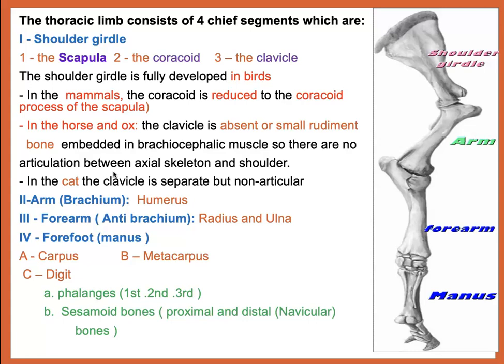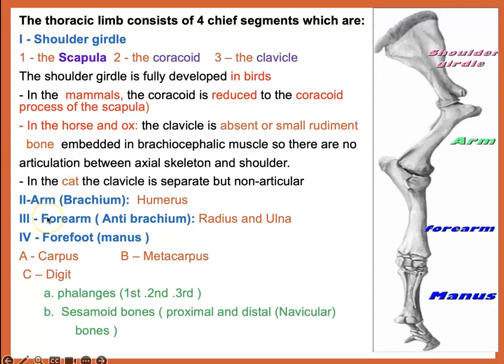Also, it is interesting to see that in the cat the clavicle is present but non-articular. This is why, if you take an X-ray in the cat, don't confuse a fracture or part of a bone with the clavicle, because you will find a piece of bone which is non-articulated. So you have to know that this is normal in the cat.